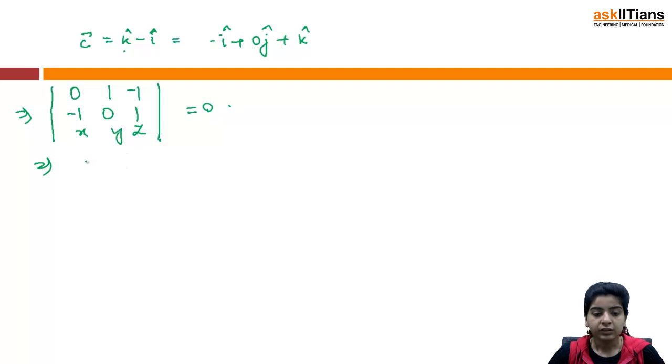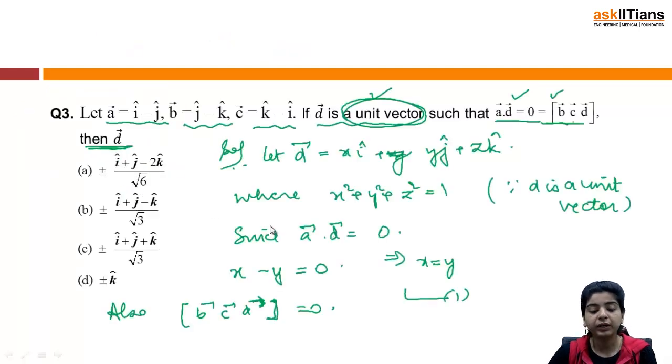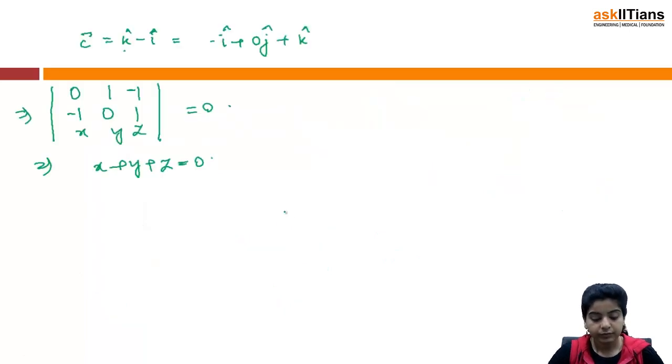Expanding gives me x plus y plus z is equal to 0. Now, x plus y plus z is 0, but we had obtained x is y. So, now I put y equal to x, so I get 2x plus z is equal to 0, right? So, let me take this as my second equation.